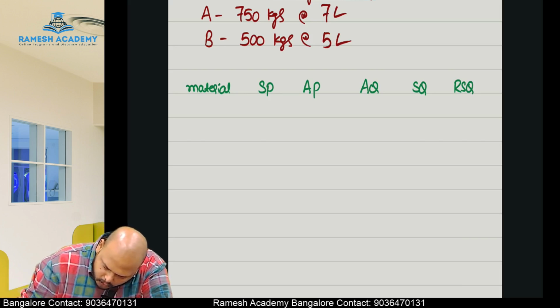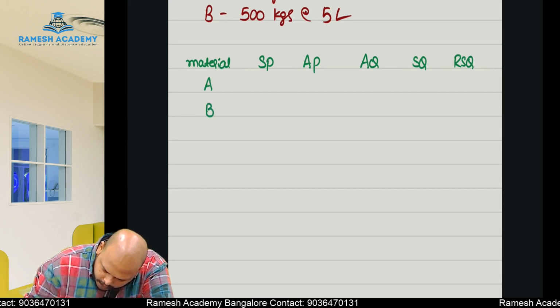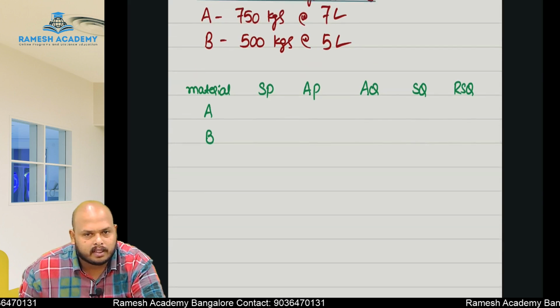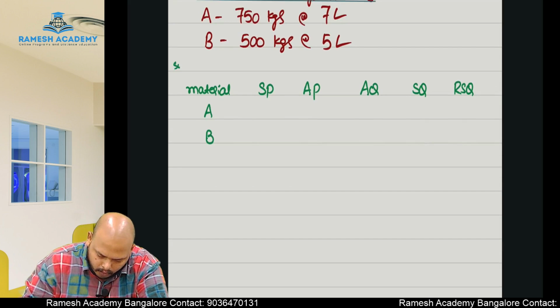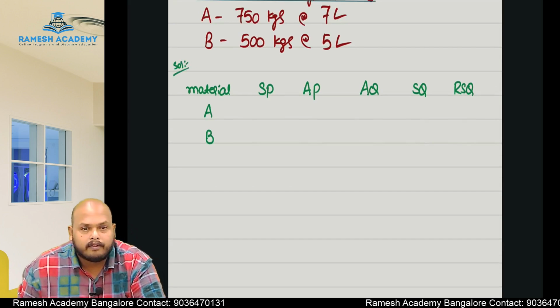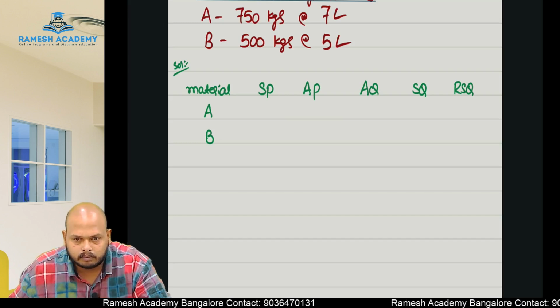What are the raw materials we have here? One is A, one is B. The first and foremost thing in the examination is to prepare the table. Then afterwards you calculate the variances.